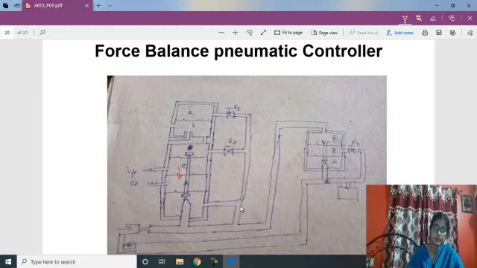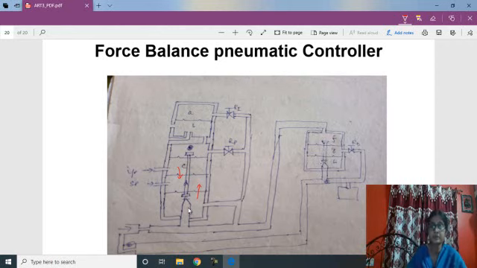So the chamber pressure will rise, which means the pressure on the diaphragm in the upward direction will increase. So the pilot valve will again move away from the nozzle direction, so the nozzle feedback pressure will fall.